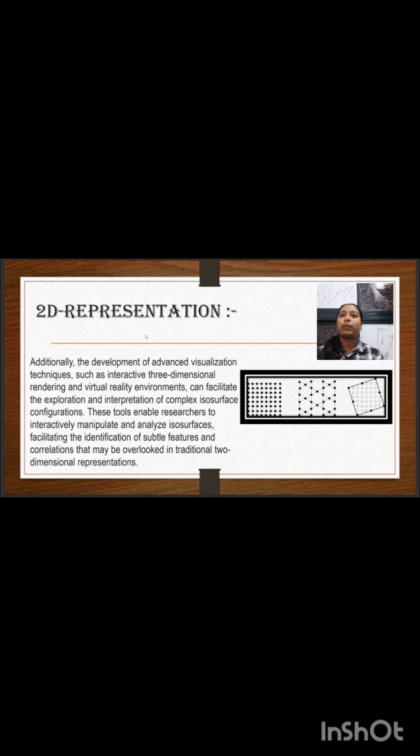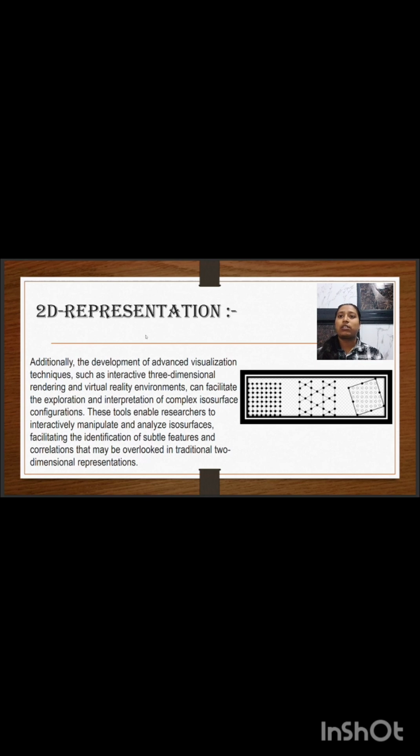Additionally, the development of advanced visualization techniques such as interactive three-dimensional rendering and virtual reality environments can facilitate the interpretation of complex isosurface configurations.